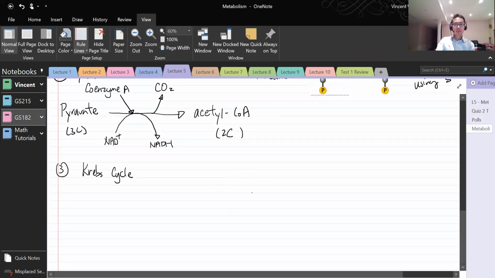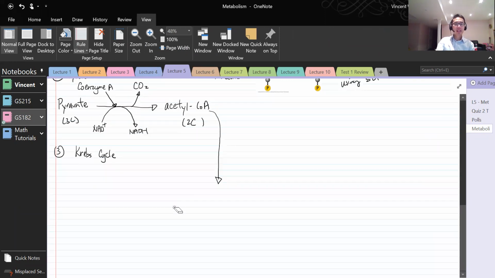So what happens is the acetyl-CoA will come in. And we're in the matrix right now. In the matrix, there is going to be a molecule called oxaloacetate. Now, this oxaloacetate is going to have 4 carbons in it. You just have to believe me.